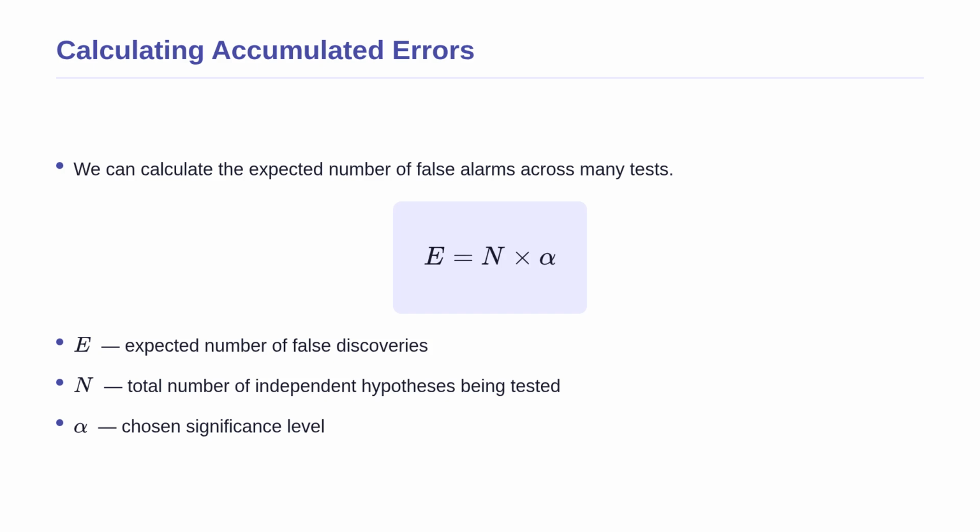The symbol alpha is our chosen significance level for each individual test. By simply multiplying n by alpha, we find the expected number of false discoveries. If n increases, the number of false discoveries increases proportionally, showing how small errors accumulate rapidly in large-scale computational biology.